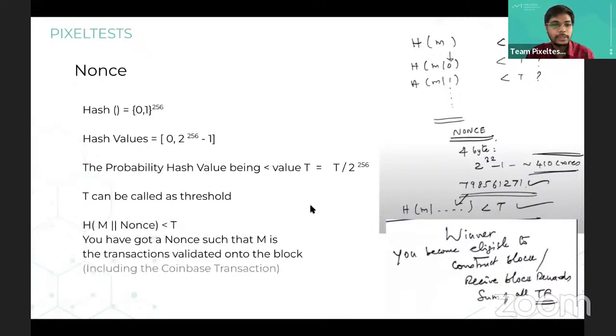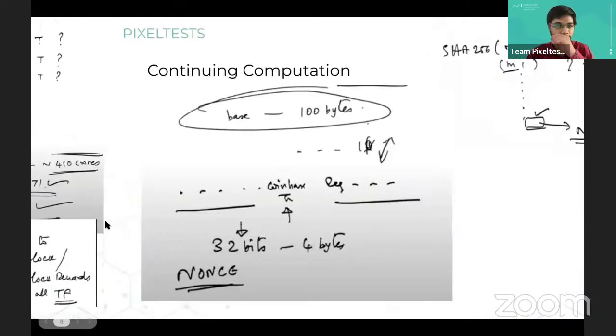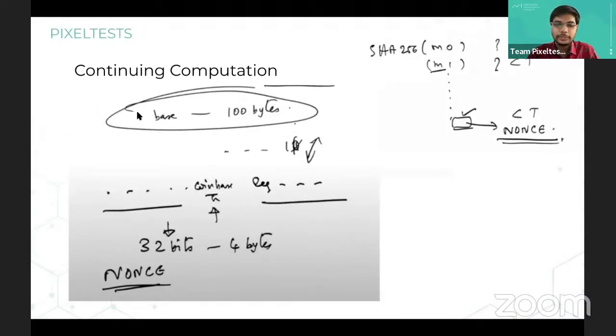Now the M here is going to be all the transactions, including the Coinbase transaction, right? In the Coinbase transaction, the miner has 100 bytes to save his own message.